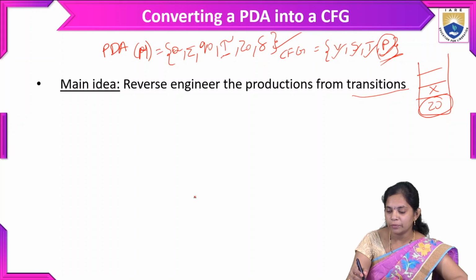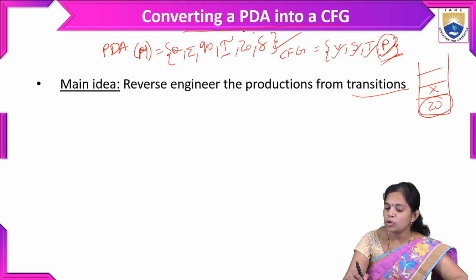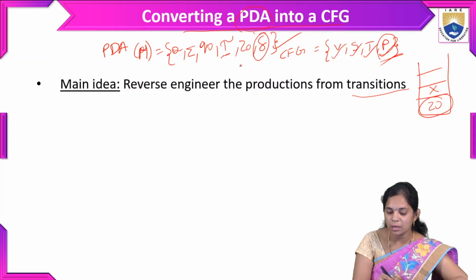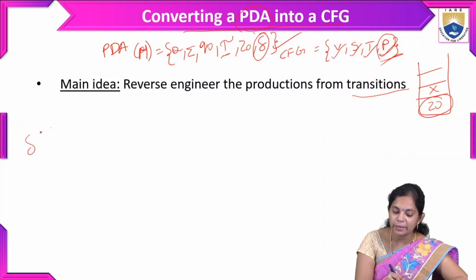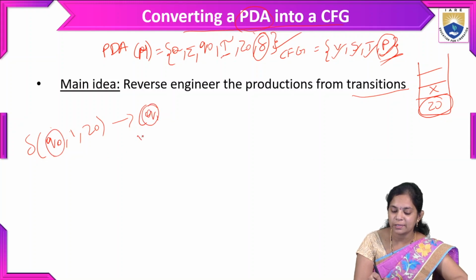So here, while converting the pushdown automata into a CFG, the pushdown automata is in the form of transitions. So how are the transitions? Let me write an example. Delta of Q naught comma, the input value is 1, and the top of the stack symbol, suppose here it is Z naught, which has the result as a next state Q. This is the current state and this is the next state.